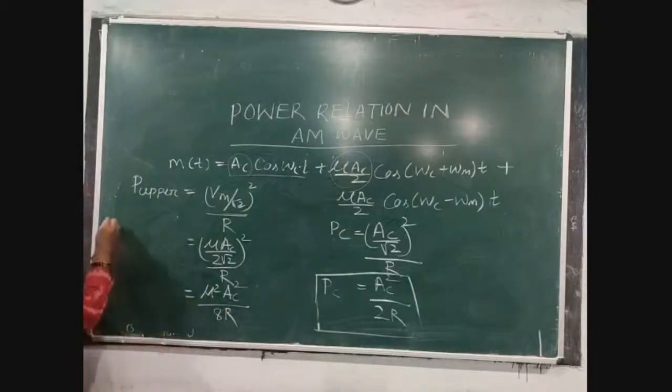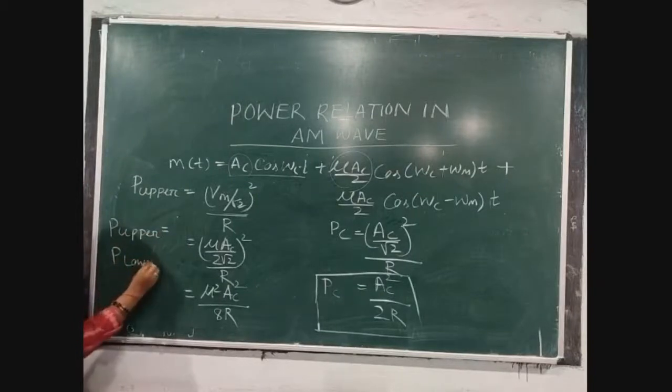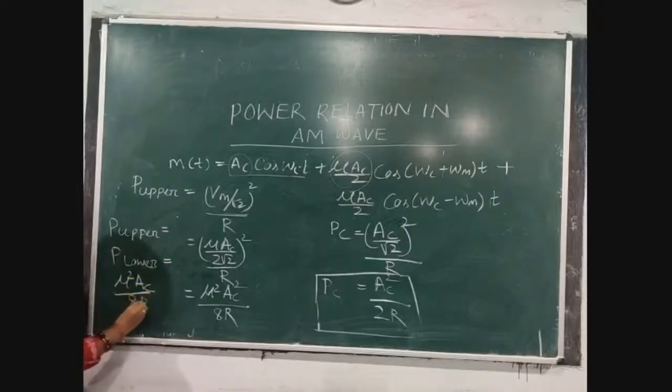Always remember P upper is the same as P lower, so it is equal to mu square Ac square by 8R.